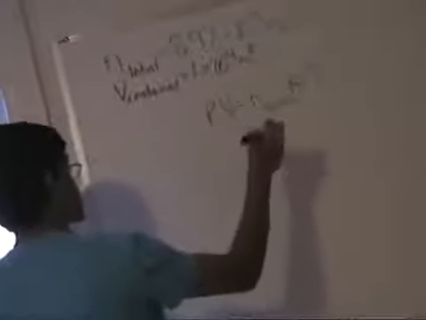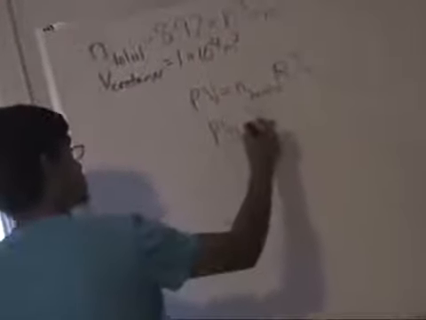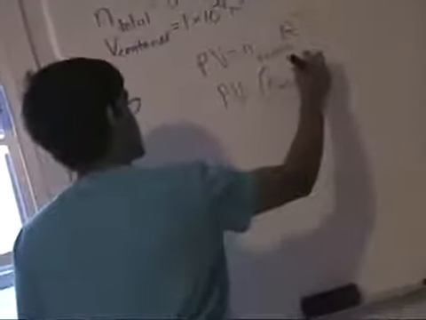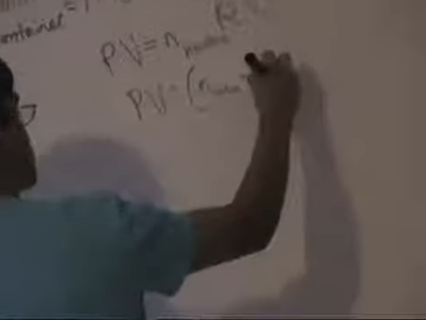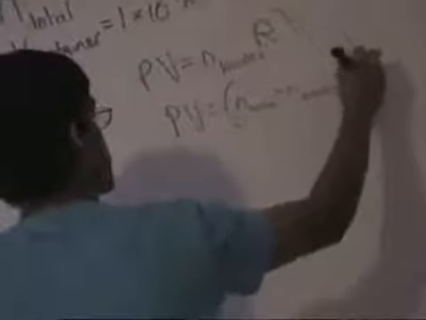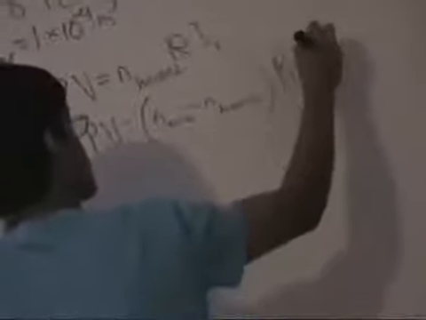And the second equation we can set up is PV equals parentheses N total minus N, the number of moles from the heated container, all together times the constant times the second temperature.